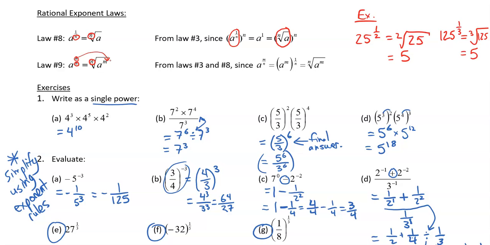And this follows, as you can see here, from laws 3 and 8. If I have a to the power of m over n, I can separate this, because we know that anytime I have a fraction, it can also be written as this times that. I hope you agree that those are the same things.